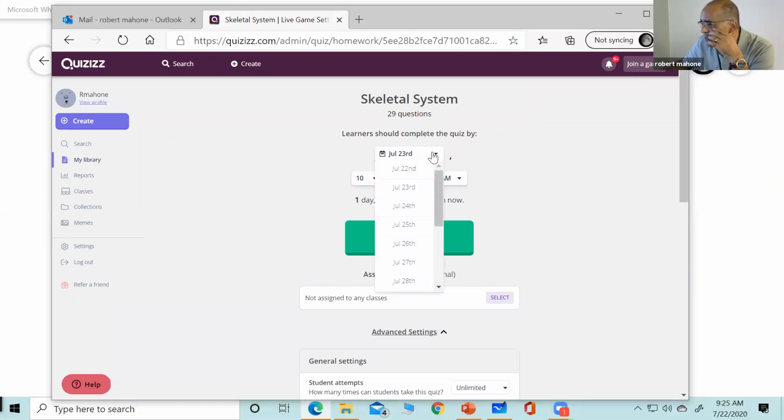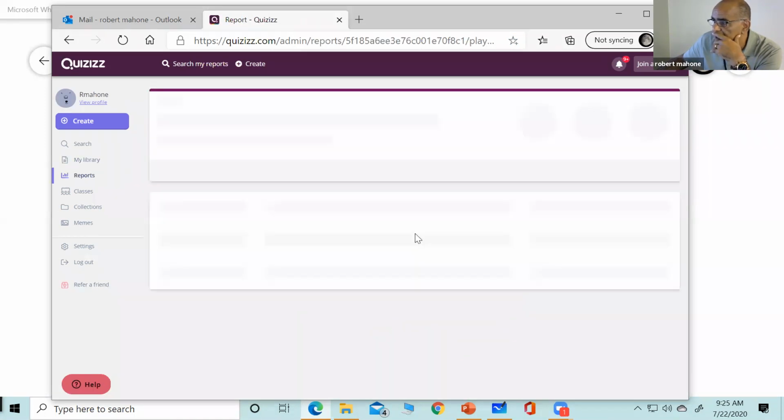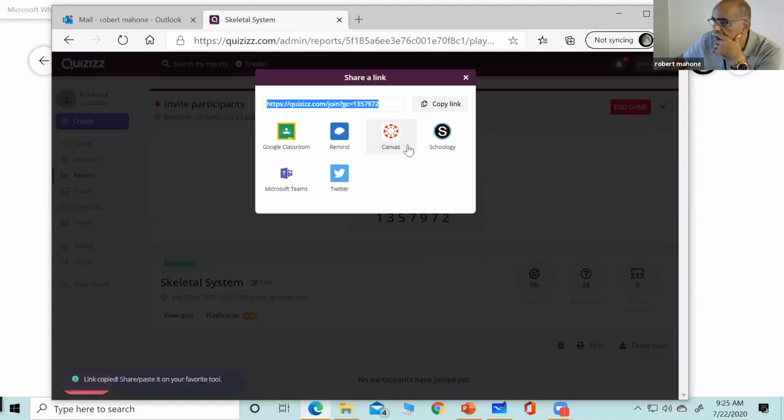Please try to get it done by tomorrow morning at 8 o'clock. They want everybody to turn in their grades by around 1 or 2 o'clock tomorrow. So I'll have to get all those grades calculated before I'm able to leave tomorrow. So get that done as early as possible. You'll see it activated till 10:30. I'll just leave it at that. And get the link.